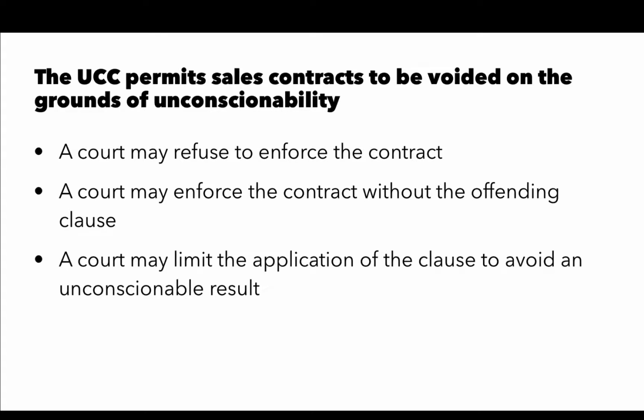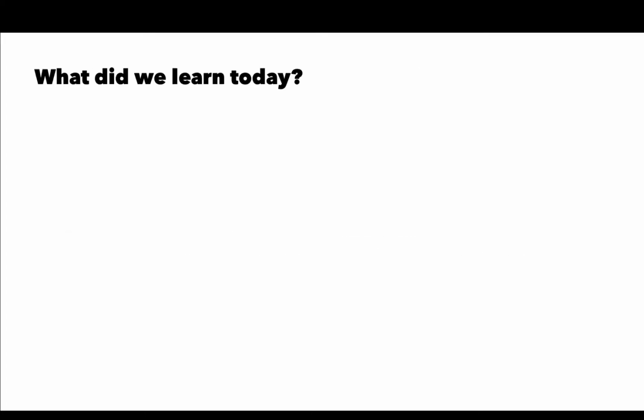So what a court does is oftentimes limit the application of a clause to avoid an unconscionable result. And again, unconscionability is hard to recognize because it's such a gray area. On your test, when it comes up, make sure you know that the court has two options. It can refuse to enforce the contract at all, or it can enforce the contract but not the unconscionable provision.